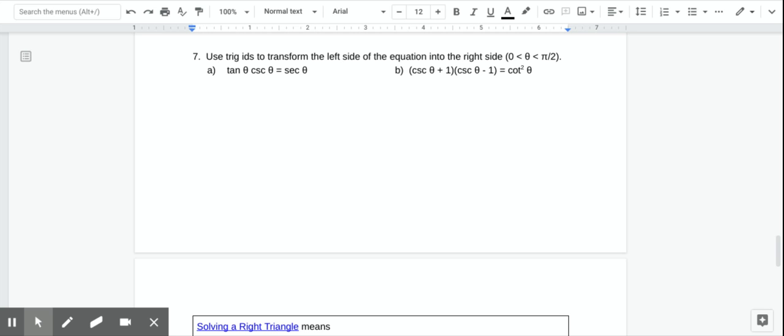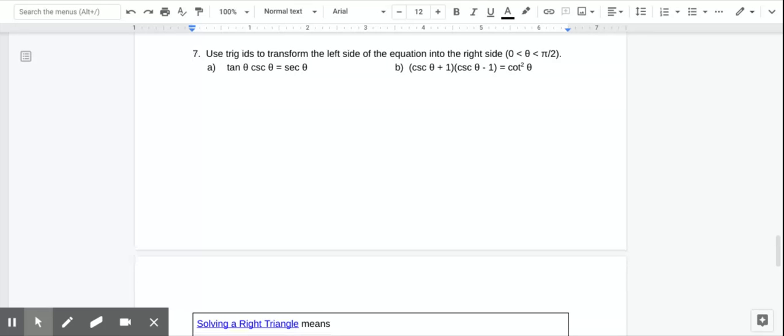So we have on the left side tangent theta times cosecant theta. Let's maybe write these in terms of sine and cosine. Remember that tangent is sine over cosine. And then cosecant, we can rewrite that as 1 over sine.